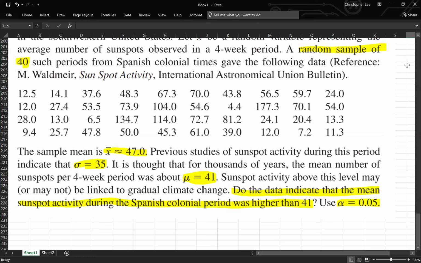Let me see. And 41. Look at your mistake. Look what you wrote for the n, it's 40.